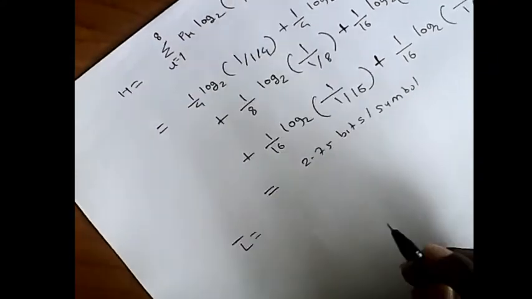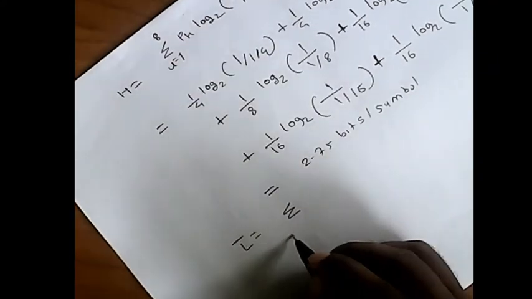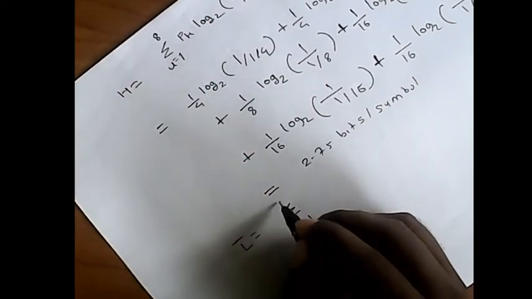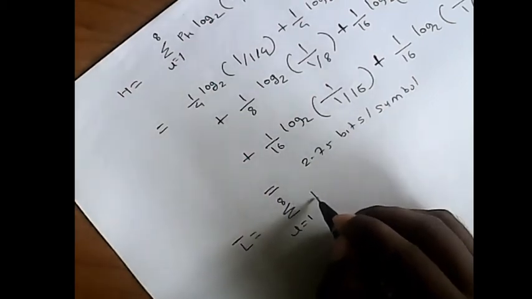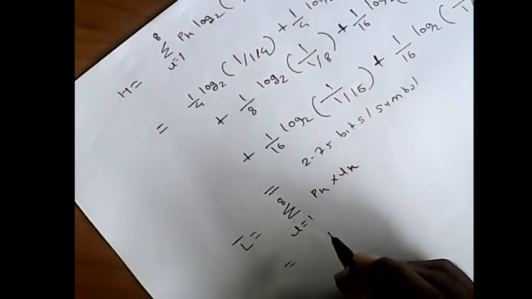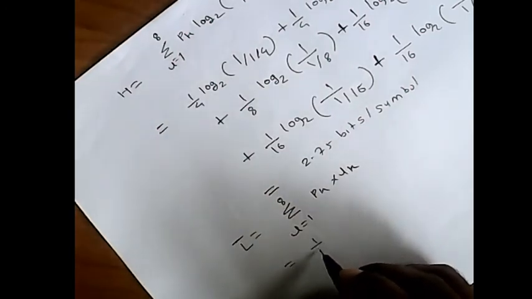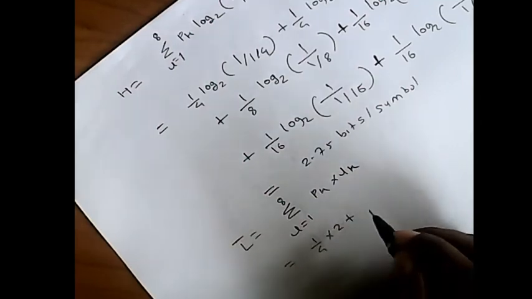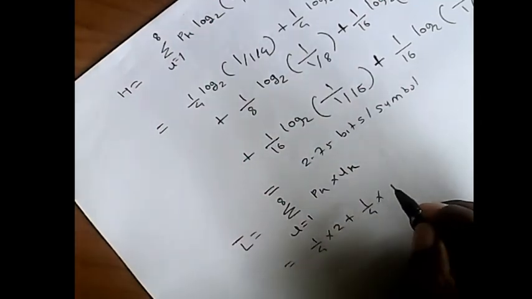Similarly we can calculate the average code word length, L. Summation k equal to 1 up to 8 of pk into lk. So we can calculate 1 by 4 into 2 plus 1 by 4 into 2 for the second symbol.